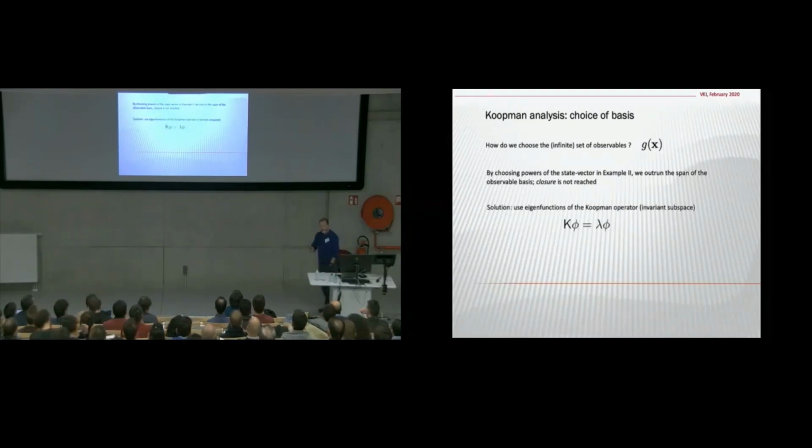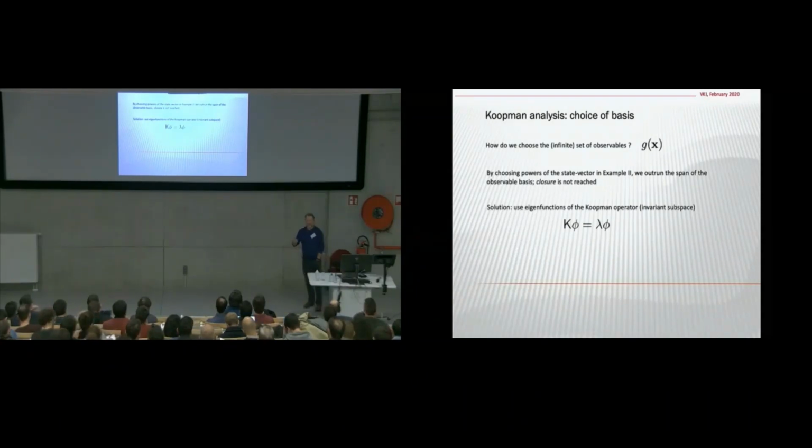Well, there is actually a very natural basis for not running away from us. And that one is the invariant subspace. In other words, the eigenvectors of the Koopman operator. The Koopman operator acting on its eigenvectors, just like any linear operator, stays within the basis of the eigenvectors, just multiplying by a scalar.